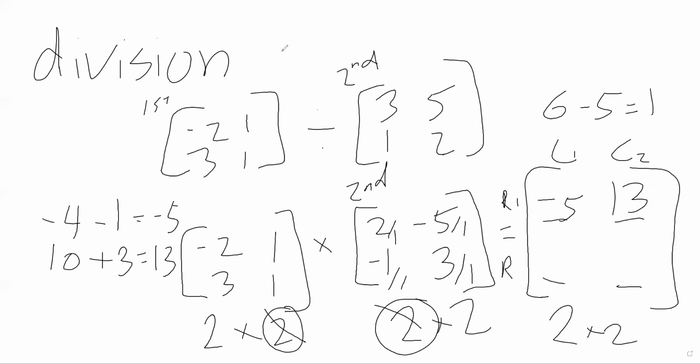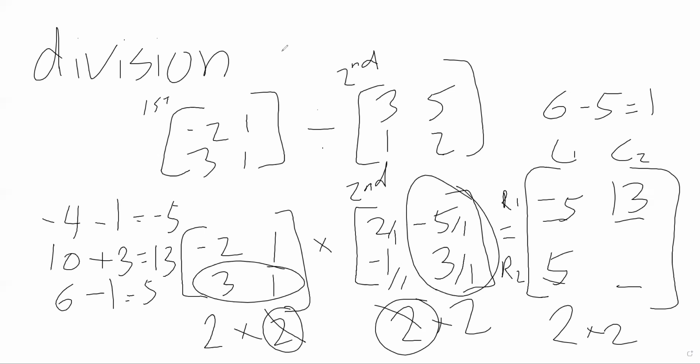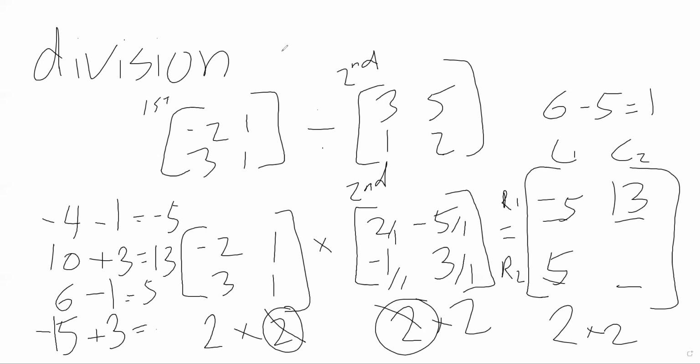So then we're looking at row 2, column 1 for this answer. So 3 times 2 is 6, plus 1 times -1 is -1, so 6 minus 1 equals 5. This one is 5. And then we look at row 2, column 2. 3 times -5 is -15. 1 times 3 is 3. So -15 plus 3 equals -12.